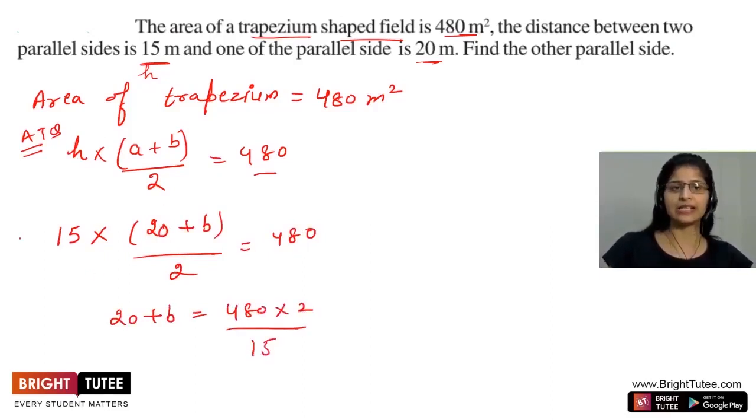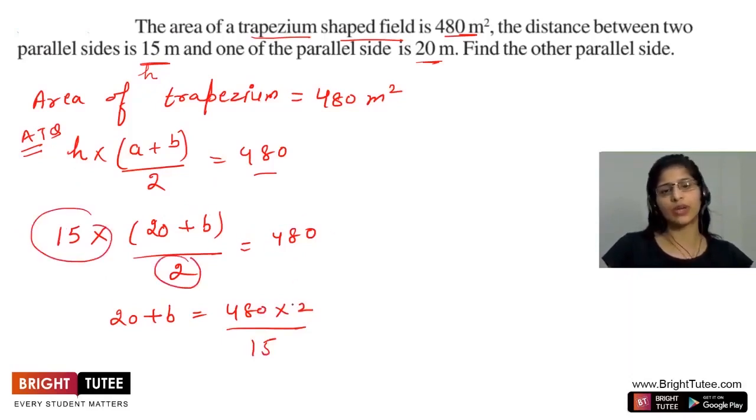Shift this 15 to that side. It is in multiplication, so it will go in division. And the 2 is in division, so it will go in multiplication with 480. Now, can we cancel this? Yes. 15 ones are 15. 15 threes are 45. We are left with 3. 15 twos are 30. So we are left with 20 plus B equals 32 into 2, which is 64.